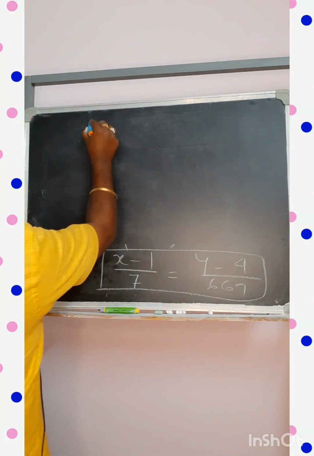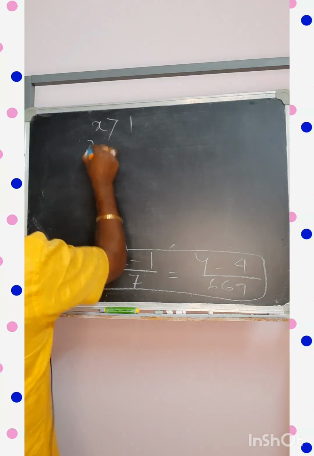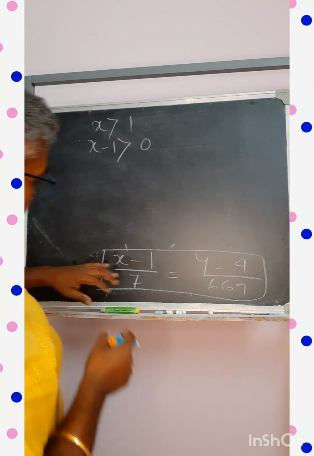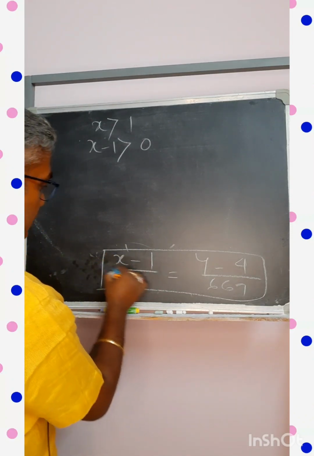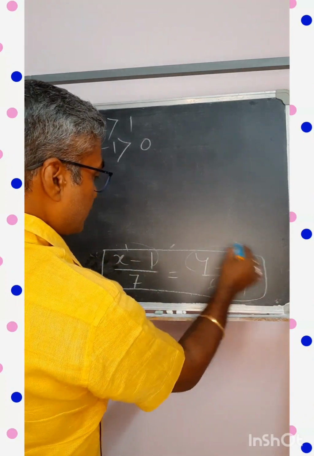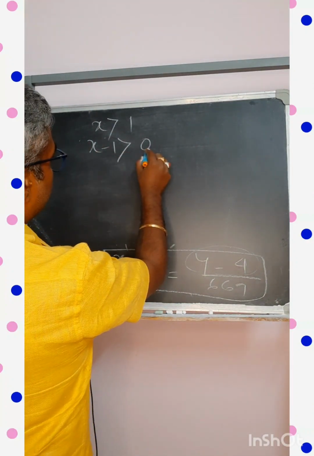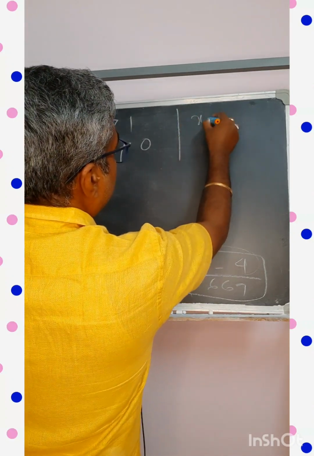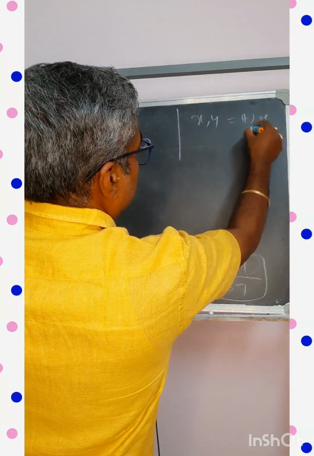As you can see, the condition is x greater than 1, that means x minus 1 should be greater than 0. Now to get a real solution of x and y, this part cannot be 0. So x minus 1 is greater than 0, and the other condition is that x and y are positive integers.